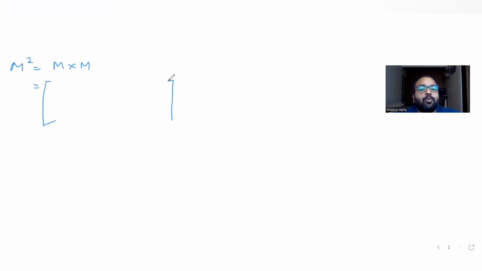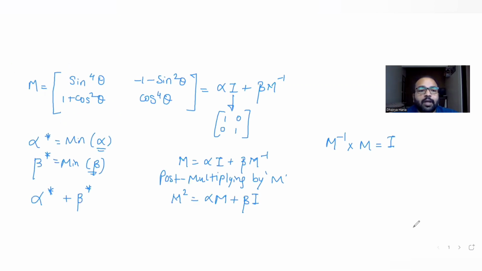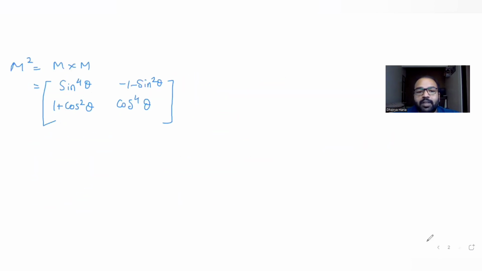So I multiply the two matrices. The first is sine raised to 4 theta, minus 1 minus sine square theta, 1 plus cos square theta, and cos raised to 4. This was our M matrix. Multiplying it by itself, we know how to multiply two matrices.